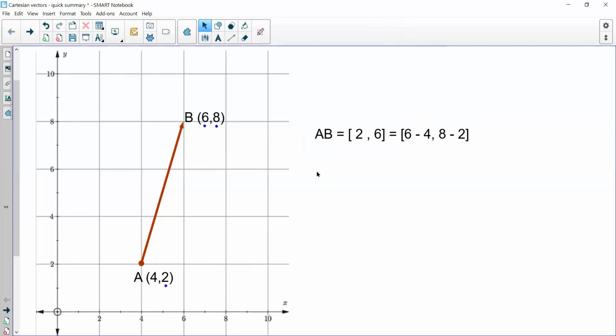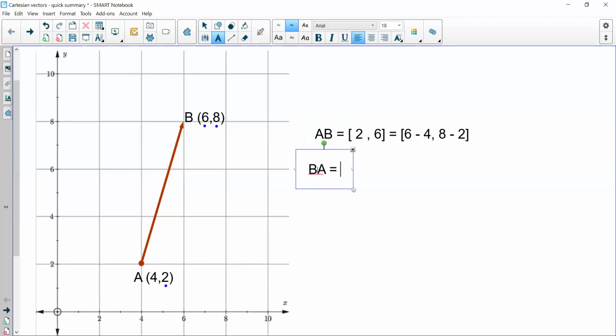And just to briefly go through as well, if you had to talk about the opposite vector of AB, which is BA, from a calculating point of view, I would do exactly the same thing.